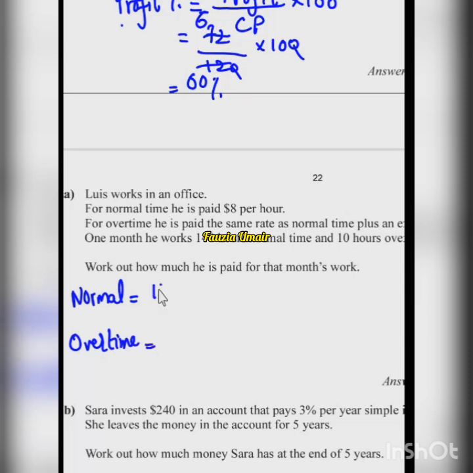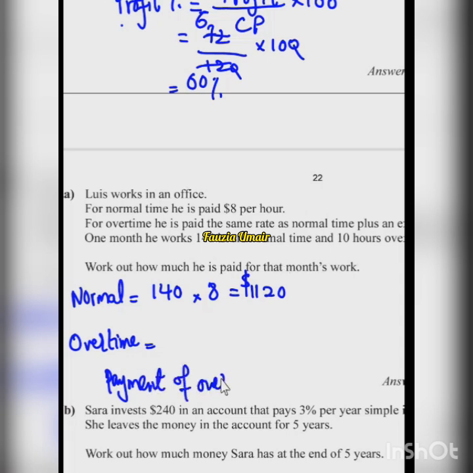So normally he is working 140 hours and getting $8 per hour. So the normal pay he is getting is $1120. Okay, that is the pay he is getting for the normal working hours. So now for the overtime, first of all, you need to tell me, okay, how much is the payment for overtime? So this is the trick in the question.